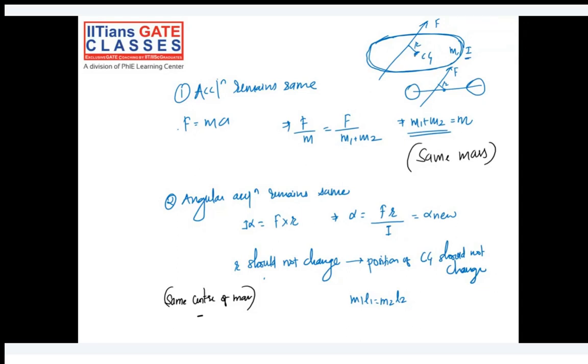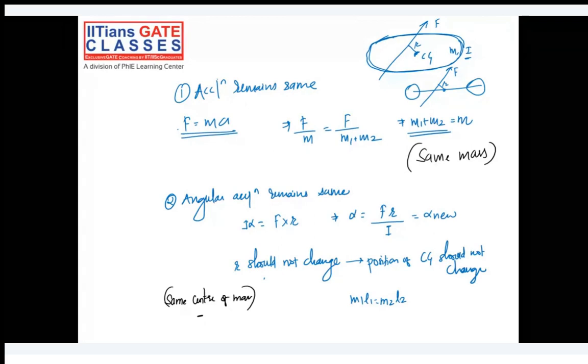Because of this force, the body is moving with a certain acceleration. So force is equal to mass times acceleration, which is the inertia force. The acceleration remains the same. Whenever I say equivalent link, if the original link is moving with a certain acceleration, our dynamically equivalent link should also move with the same acceleration. That is the base criterion. Assuming that acceleration is the same, I can say F by m is equal to F by m1 plus m2.